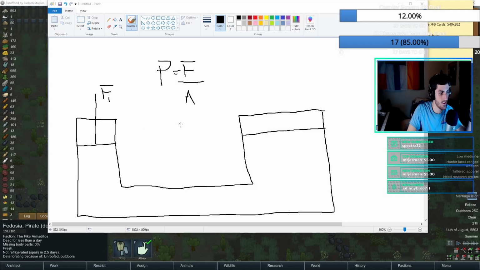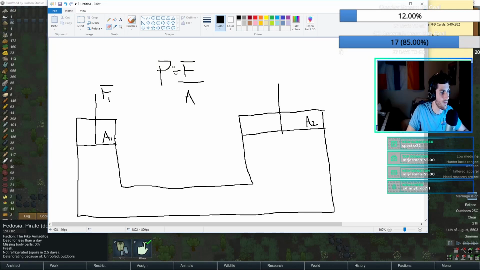So if this has a cross-sectional area, so we have two pistons. We're just going to draw it like this. And so this has an area of A1. This has an area of A2. Oh, wait. Backwards. Okay.